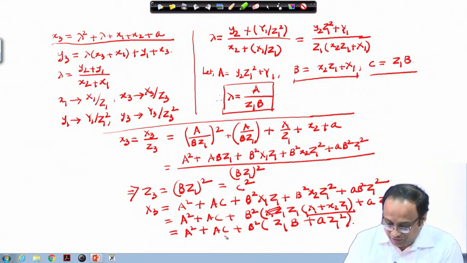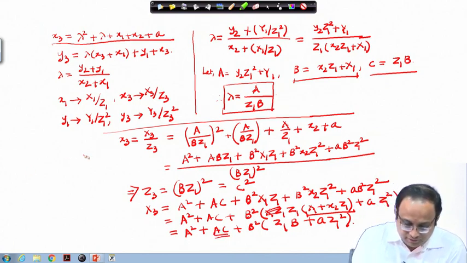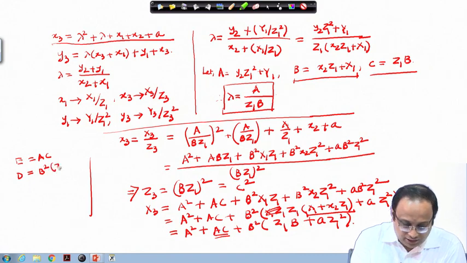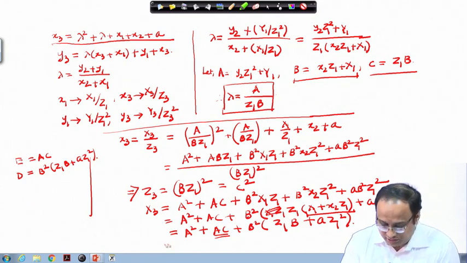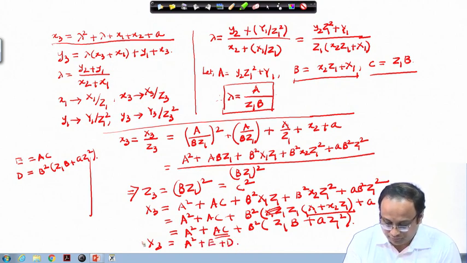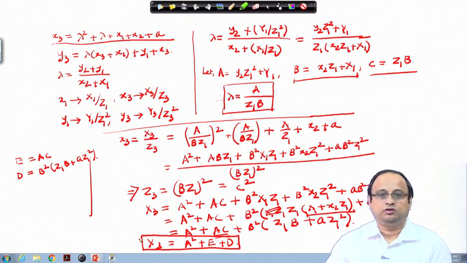For example, this AC I can write as E, so E equals AC, and D is equal to B square into Z1B plus A Z1 square. If I write this, then X3 becomes equal to A square plus E plus D. This is the more compact expression for X3.